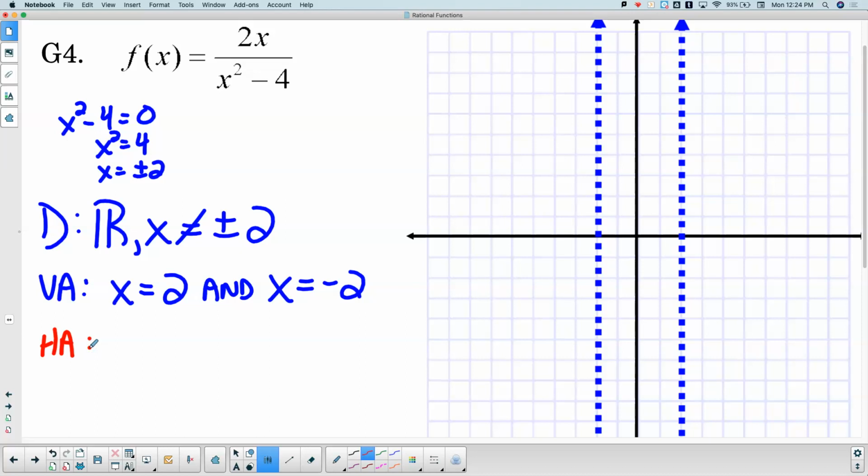We got degree of 1 on the top, degree of 2 on the bottom, so that's another y equals 0 type. Yes? Okay.